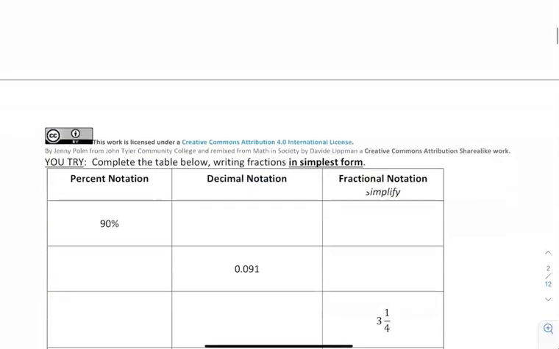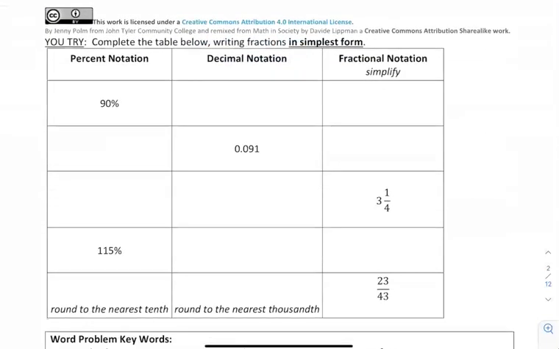Now let's do a little bit of the mathematics of how we work between the different types: percent, decimal, and fraction. So if you have 90%, then that means you have 90 out of 100. And with decimals, the 100th is in the second decimal place after the decimal point.